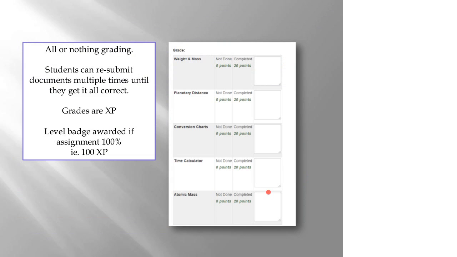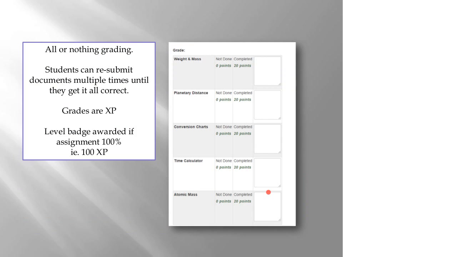In terms of the grading, I do all or nothing grading. So if you look, this is the Moodle rubric. Those are the names of the spreadsheets: weight and mass, planetary distance, etc. And if you either haven't done it yet or you haven't completed it correctly, you get 0.